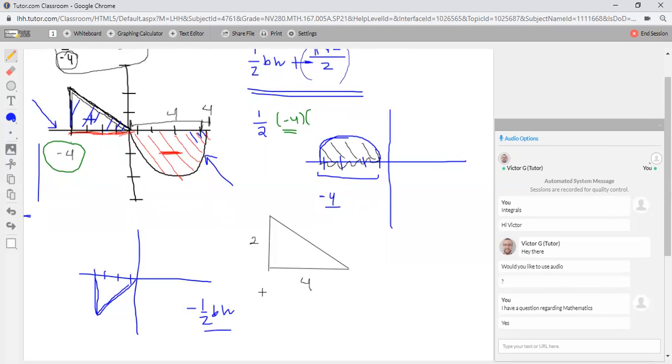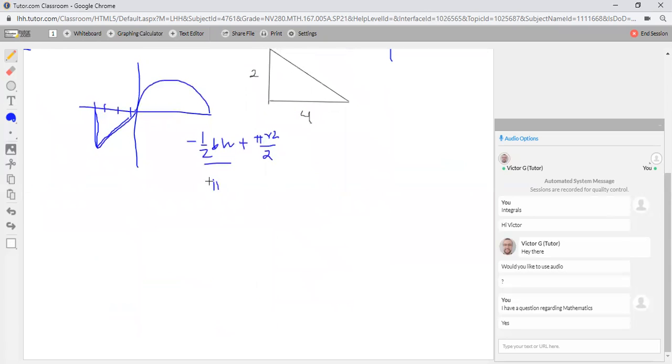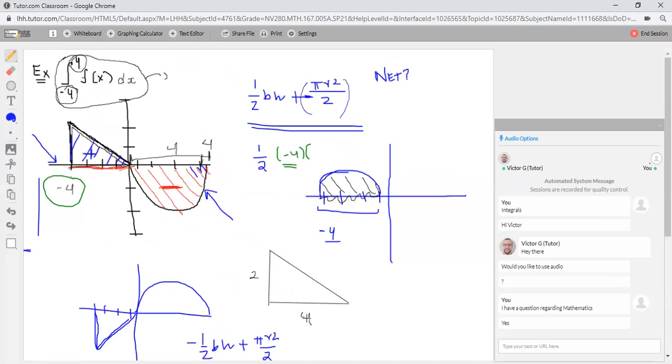Yeah. And then I would have something like this maybe. So this would be plus pi r squared over 2. Exactly. Or maybe pi r squared over 2 minus 1/2 times base times height.